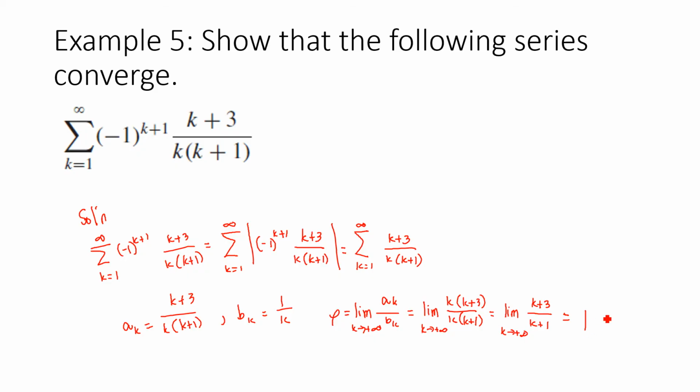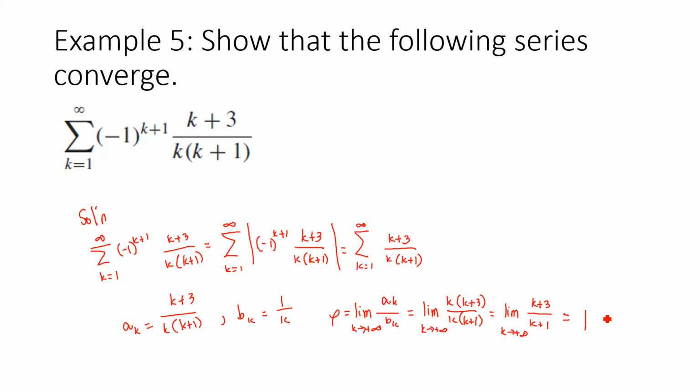Since rho is finite and positive, it follows from the limit comparison test that the series of absolute values diverges. Thus, the original series converges but diverges absolutely. If this is the case, we have conditional convergence.